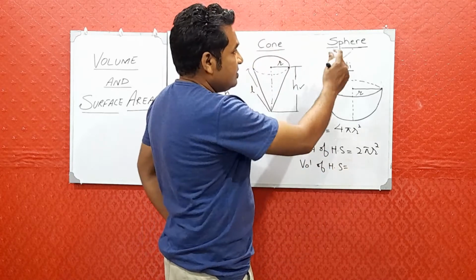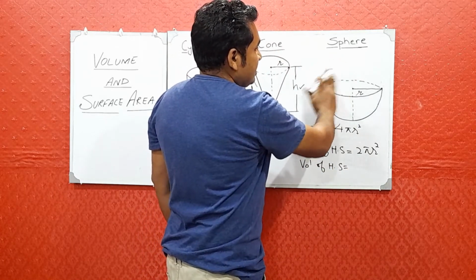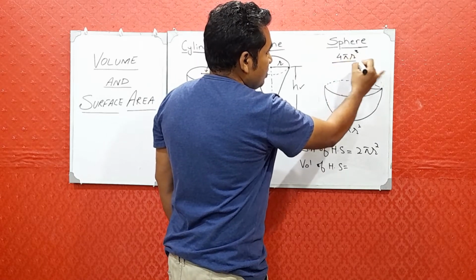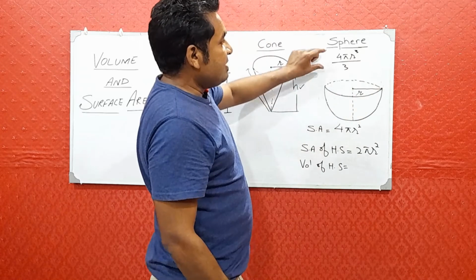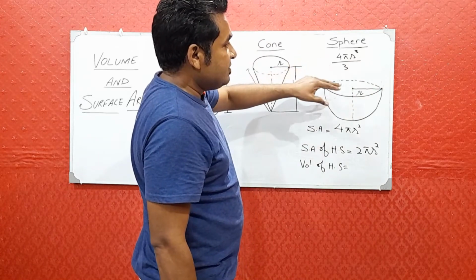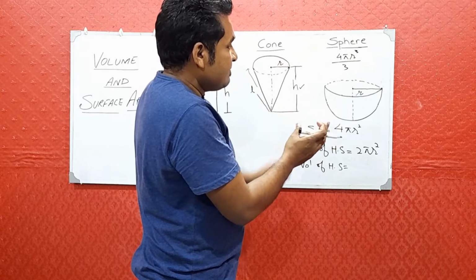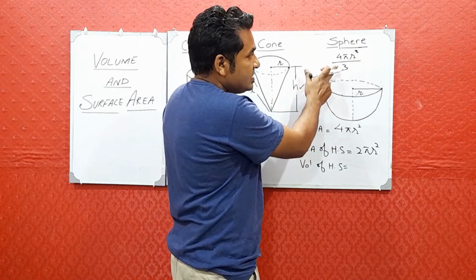Similarly, when I talk about the volume of hemisphere, the volume of sphere was 4 pi r cubed over 3. When I divide it by 2, because we are talking about the hemisphere, which is half of the sphere, I have to just divide it by 2.